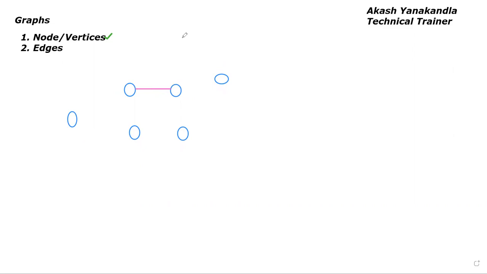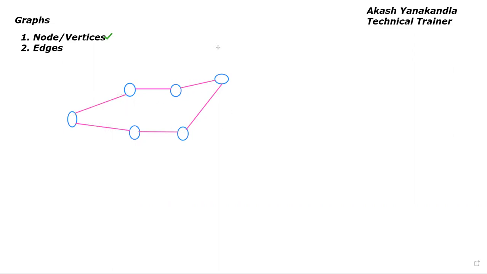Now, the same way, let's draw the edge between node 2 and node 3. Let's draw another edge between node 3 and node 4, another between node 4 and node 5, and another between node 5 and node 6. Now let's draw another edge between node 6 and node 1.